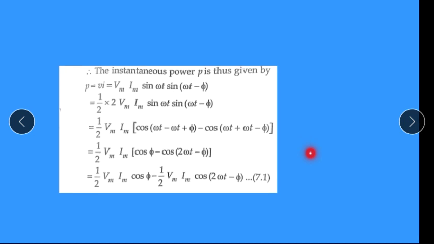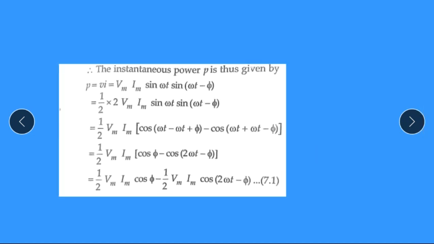Now the instantaneous power in a passive circuit is given by P is equal to V into I, where V is Vm sin omega t and I is Im sin omega t minus phi.